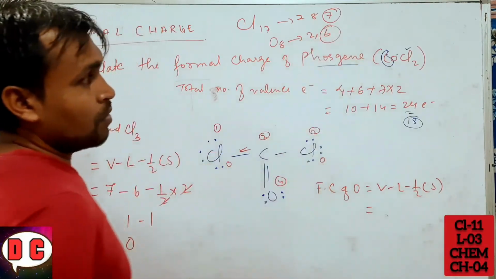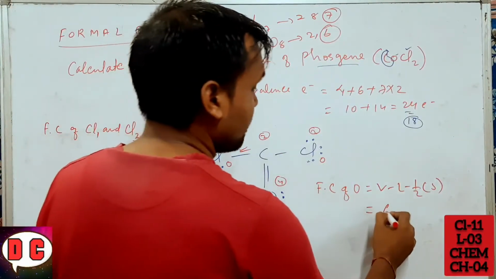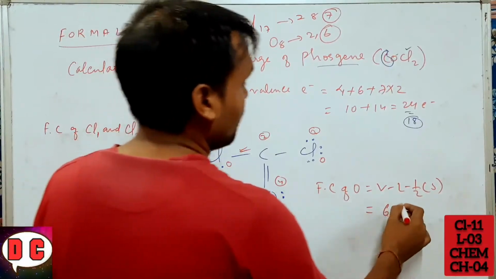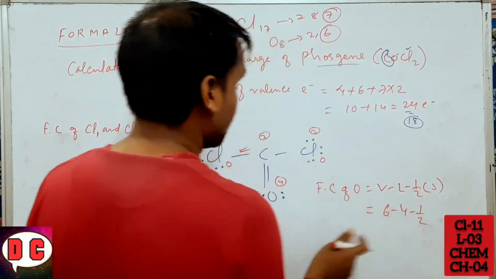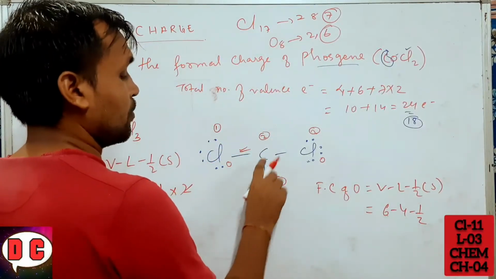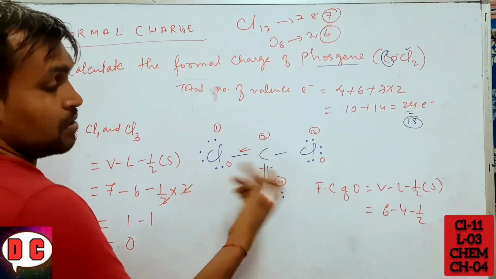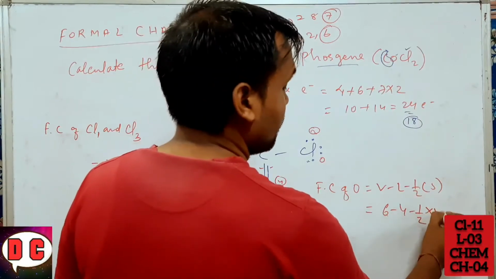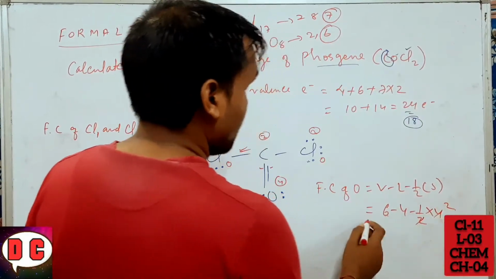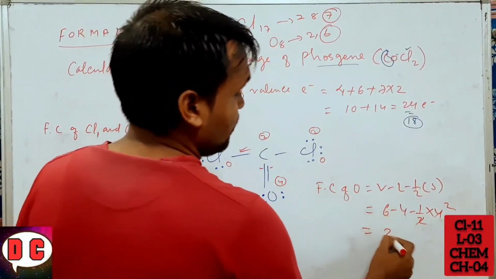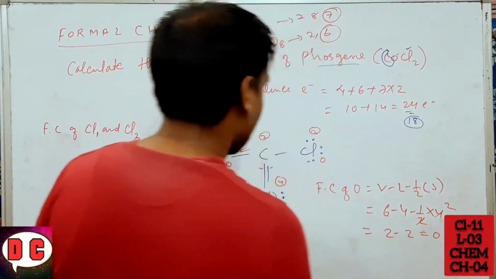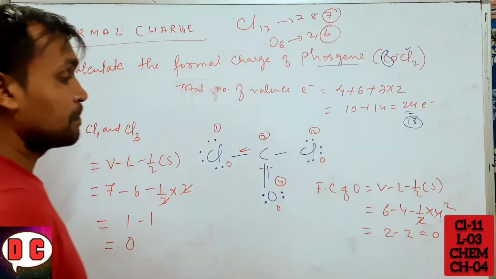So 6 is the number of valence electrons. 6 minus the lone pair, which is 4, minus half into shared pair. There are 2 bonds, so 4 electrons. So we write into 4. 2 fours are 4... 6 minus 4 is 2, and 2 minus 2 is 0. So here also we get formal charge 0.